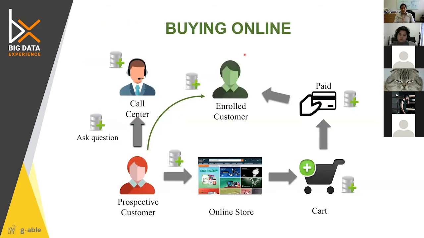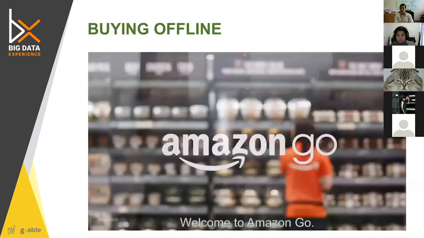This is called the customer journey. And you can see that there are different types of data that can be collected throughout the process. Here, even buying offline right now has the ability to have data generated and gathered.